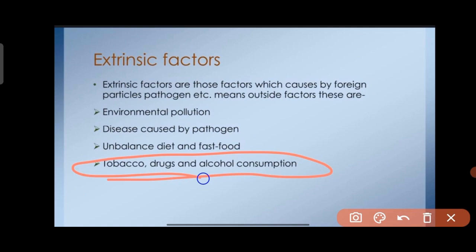Next, coming to tobacco, drugs, and alcohol: the consumption of deadly products like tobacco, drugs, and alcohol may also lead to disease. So we studied the intrinsic and extrinsic factors, internally or externally occurring factors which cause disease, right?